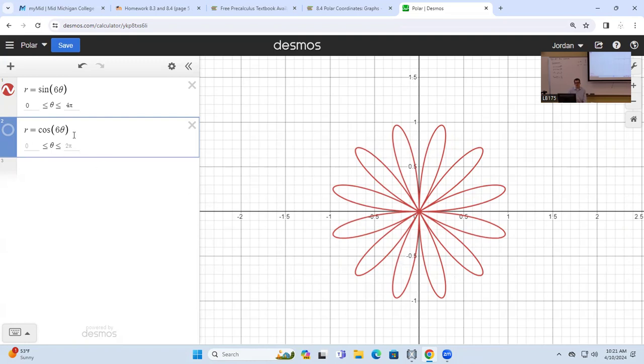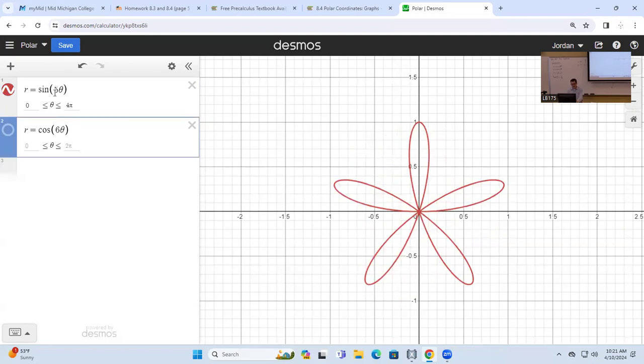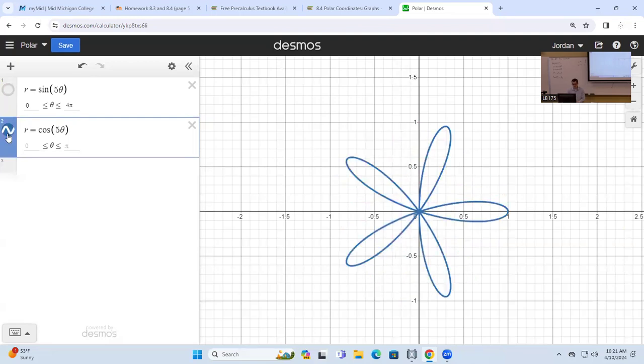The reason for that has to do with the zeros and how the zeros happen at pi and pi over 2, and so evens affect that in one way and odds don't. So when you have an odd number in there, you get exactly that many petals. When you get an even number in there, you get double that number of petals.